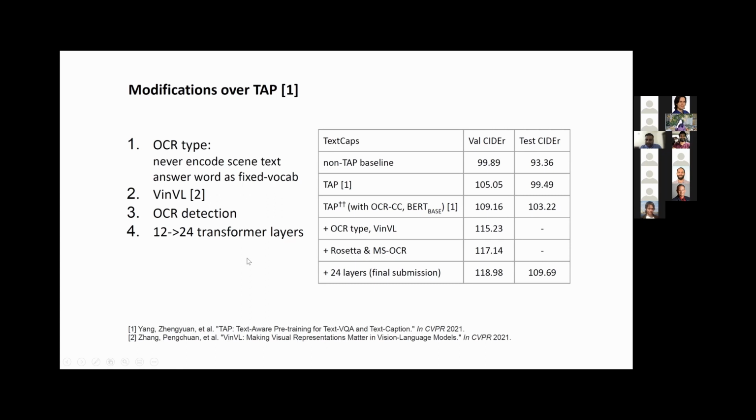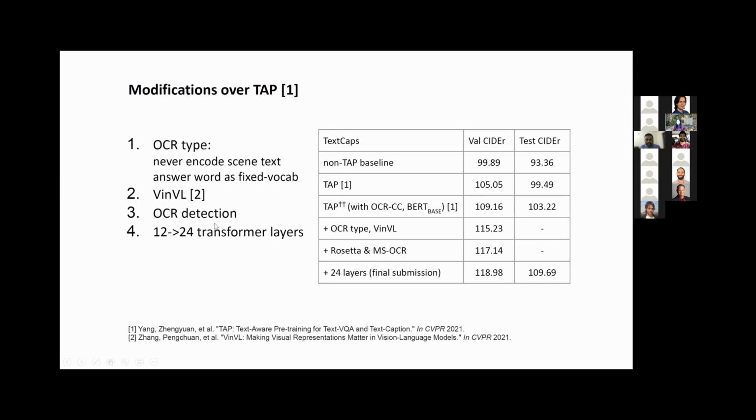So first I want to say, as Amanpreet introduced, we also find out that for text VQA and text captioning, the OCR result is very, very important. If we can get a better OCR result, then the performance is going to be improved as well.